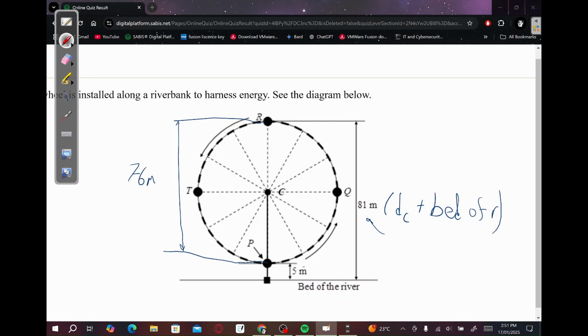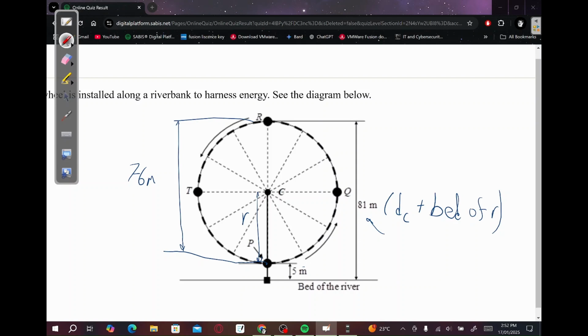Now, they said C is the center of the circle. And this line is going from the bottom, from the circumference of the circle to the center. If you notice, this is the definition of the radius. So this is r.